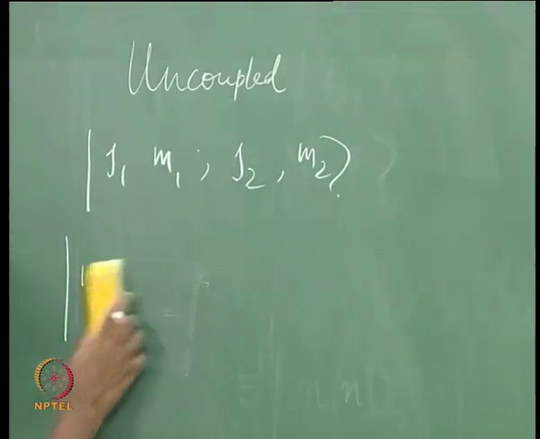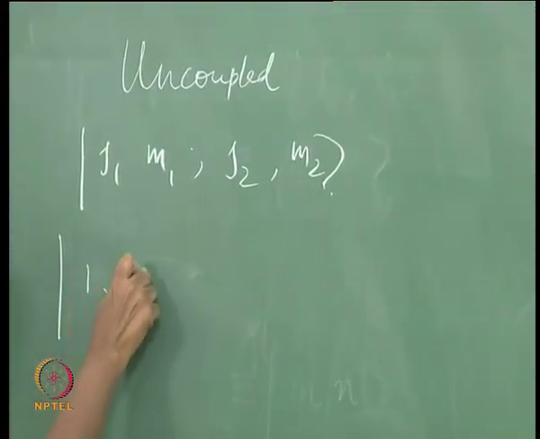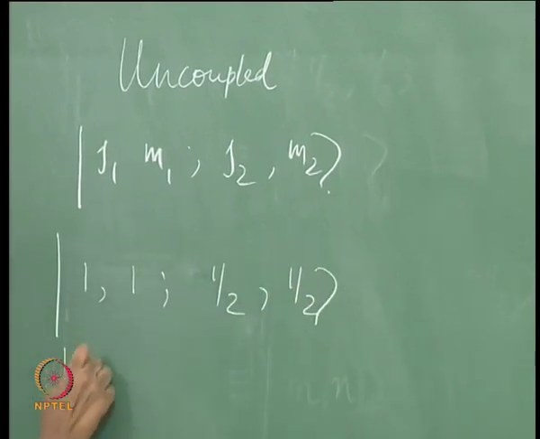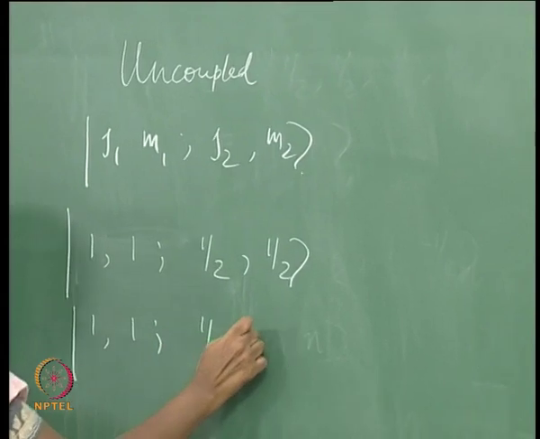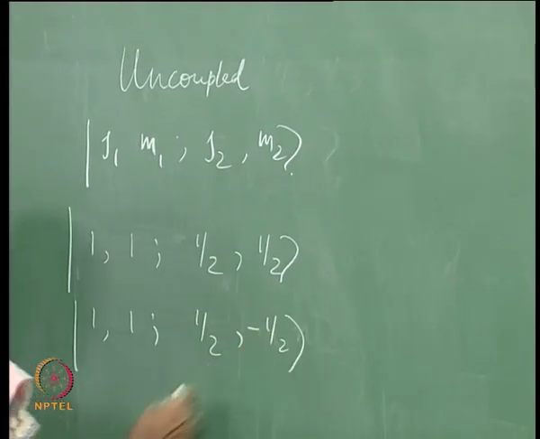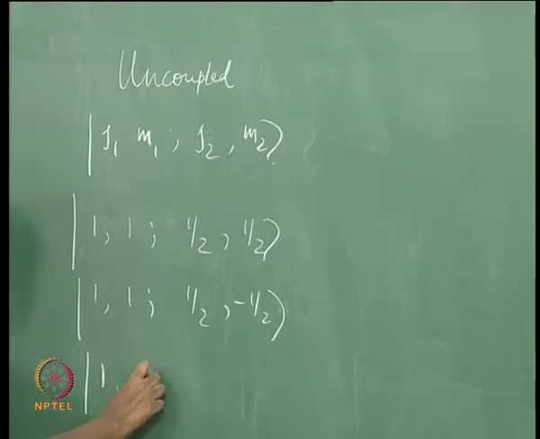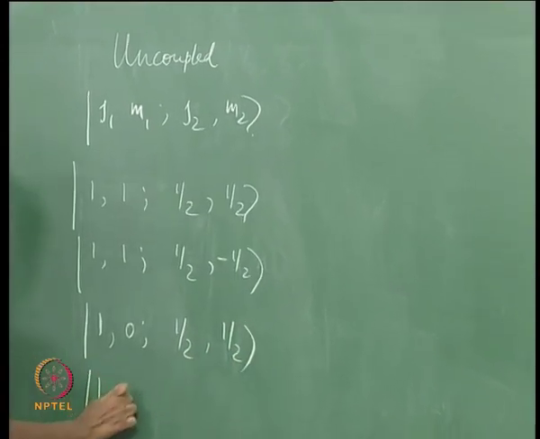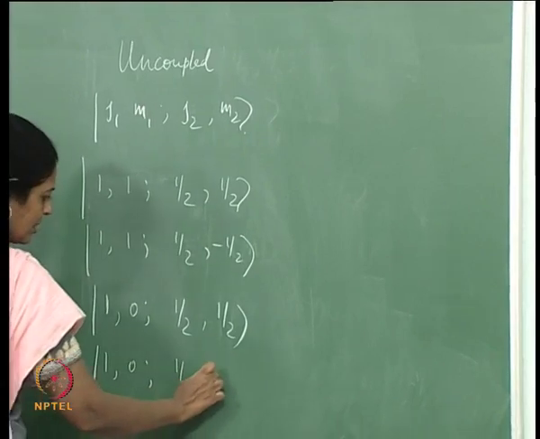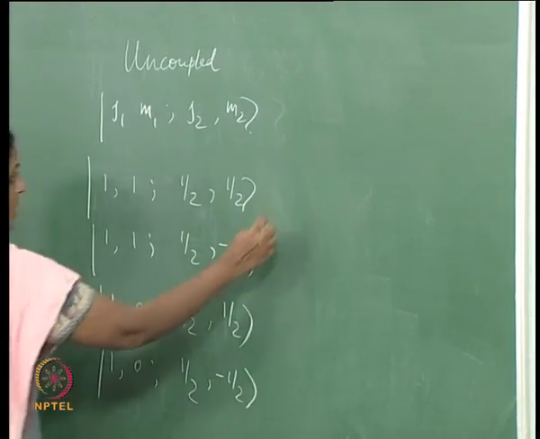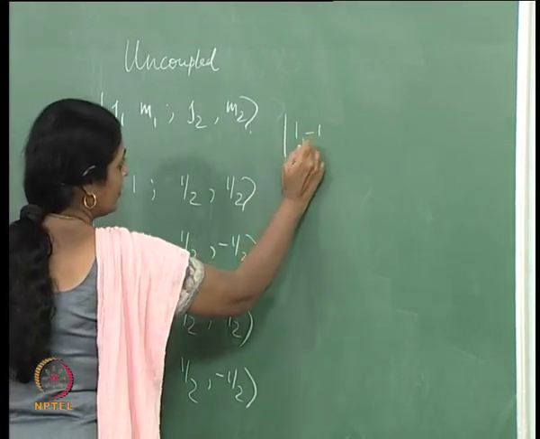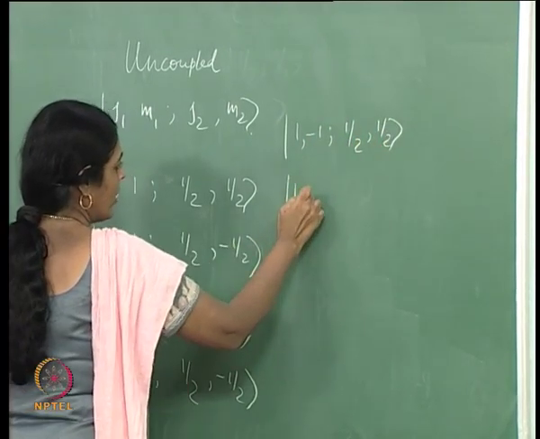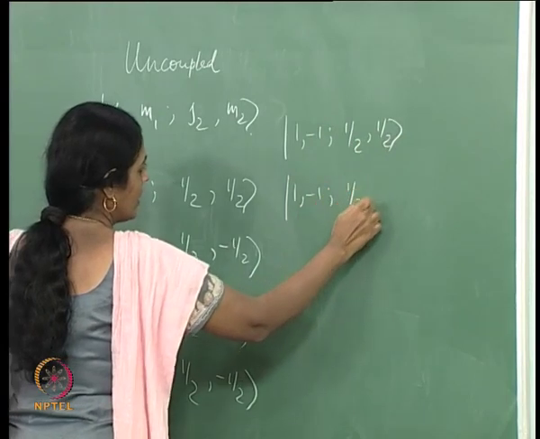So, perhaps I could write 1 1 combining with half half, 1 1 combining with half minus half, then 1 0 combining with half half, 1 0 combining with half minus half, 1 minus 1 combining with half half, and 1 minus 1 combining with half minus half.